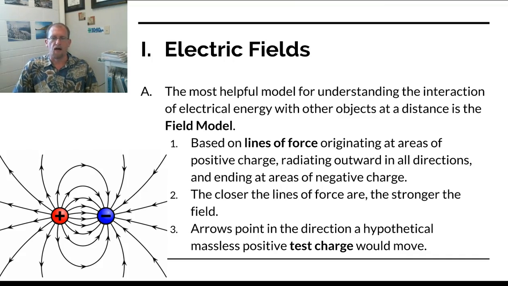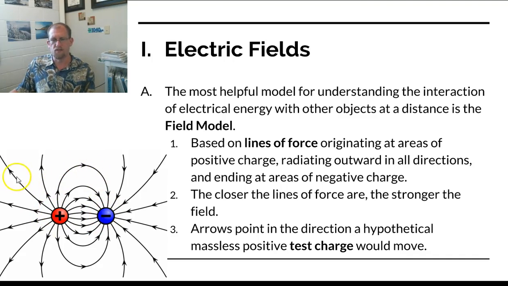Okay, so in the little picture that I have here, this is a source of positive charge, and it's brought near to a source of negative charge. And lines of force originate from this source of charge and go out in all directions. But then they curve so that they end at the source of negative charge.